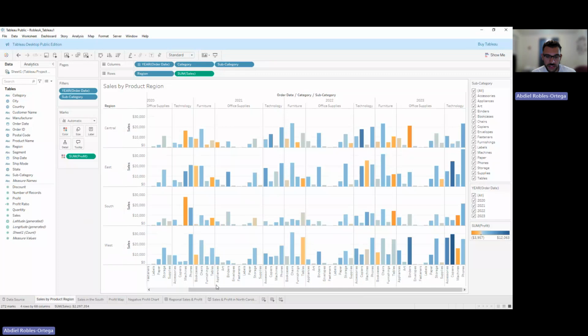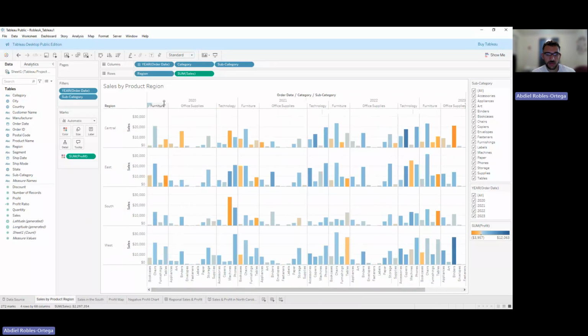At the top, we can see the years in which the sales took place, from 2020 to 2023. Each year is divided by categories: furniture, office supplies, and technology.